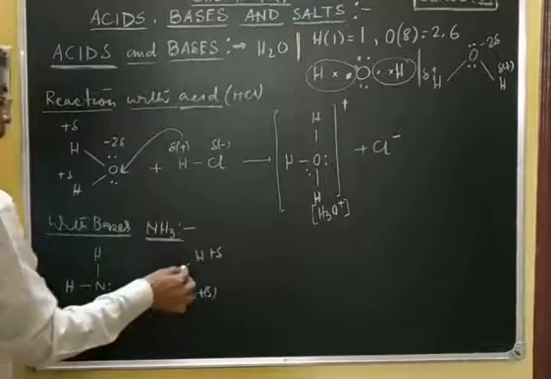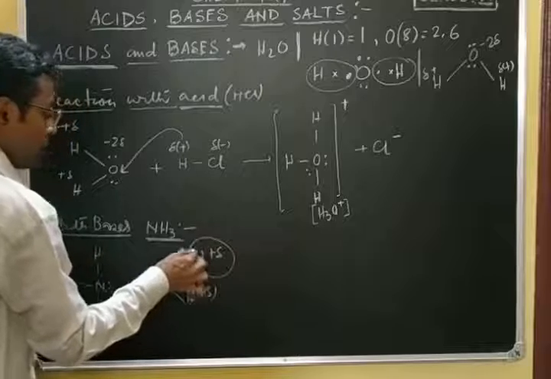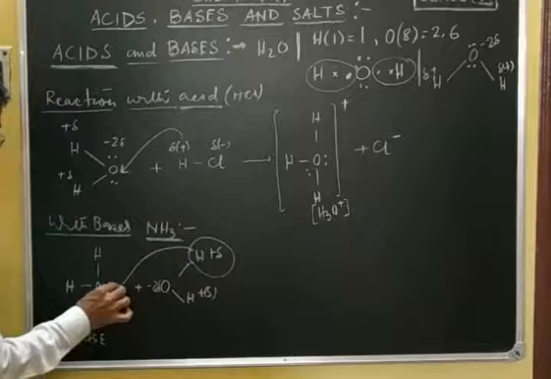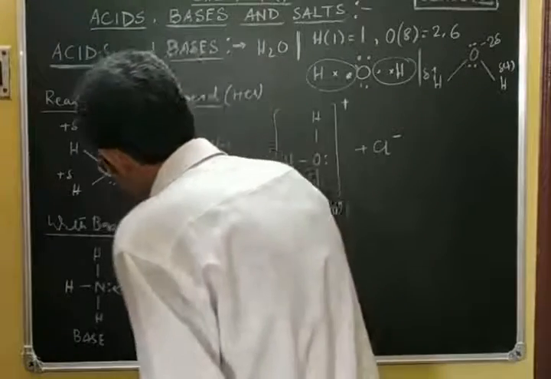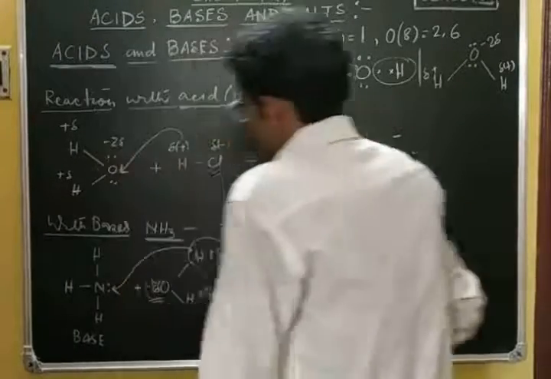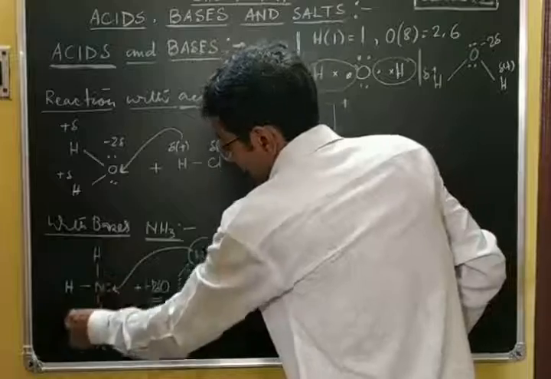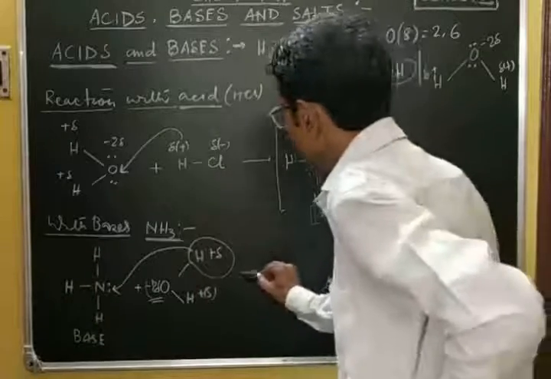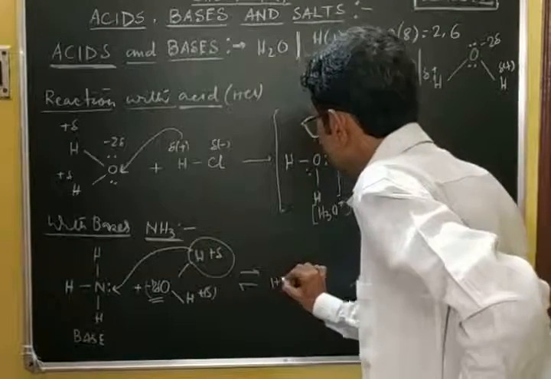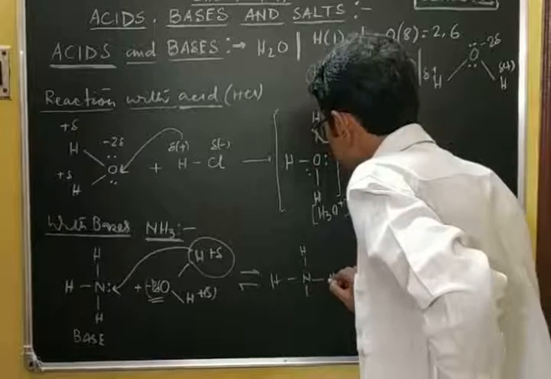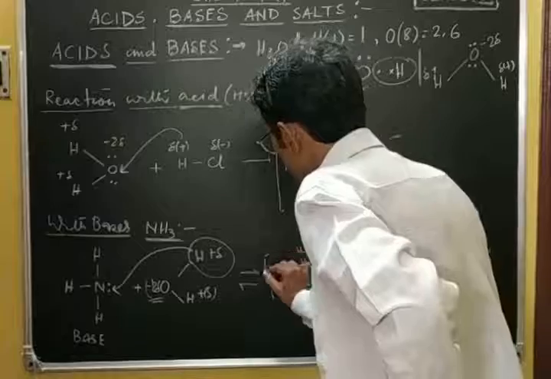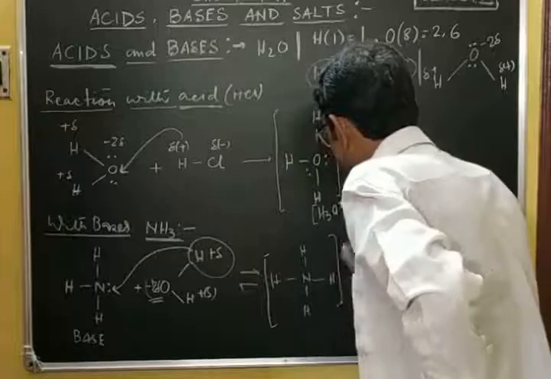So remember, one of the hydrogens will go and attack here to form the ammonium ion. So NH3 plus hydrogen will yield N with H, H, H, H. That is your ammonium ion.